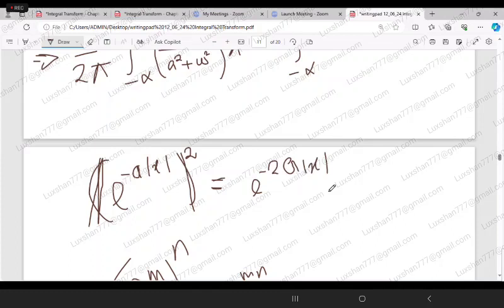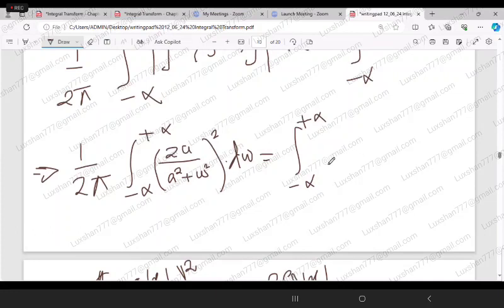Is it minus 2a mod x? Therefore, here you can write this as e to the power minus 2a mod x into.